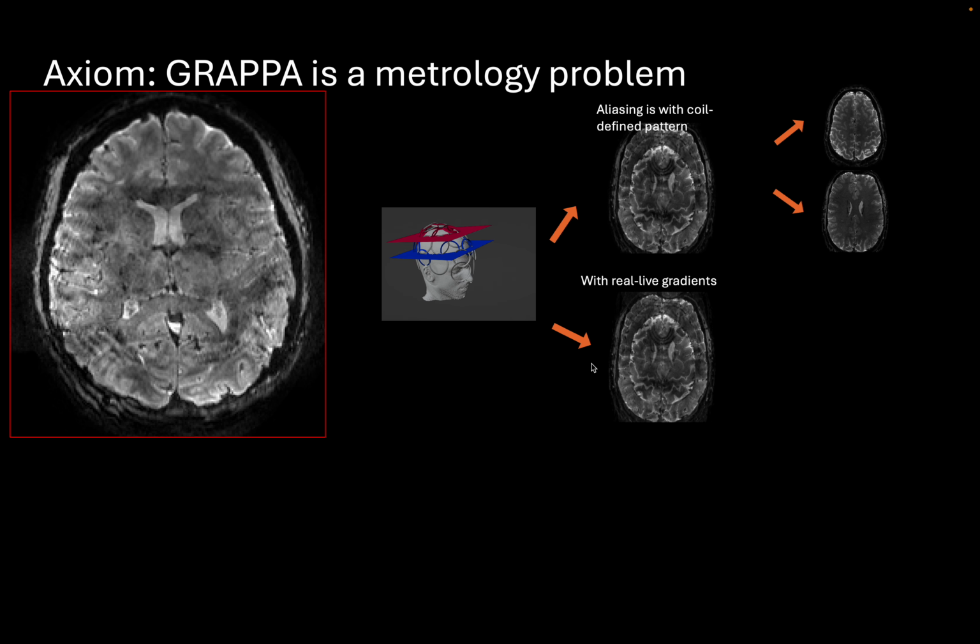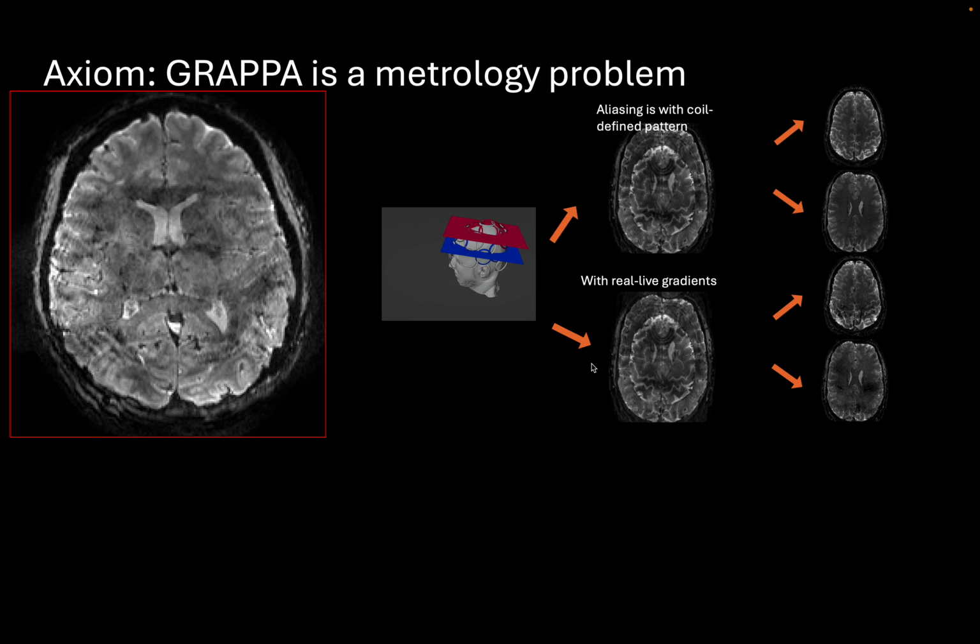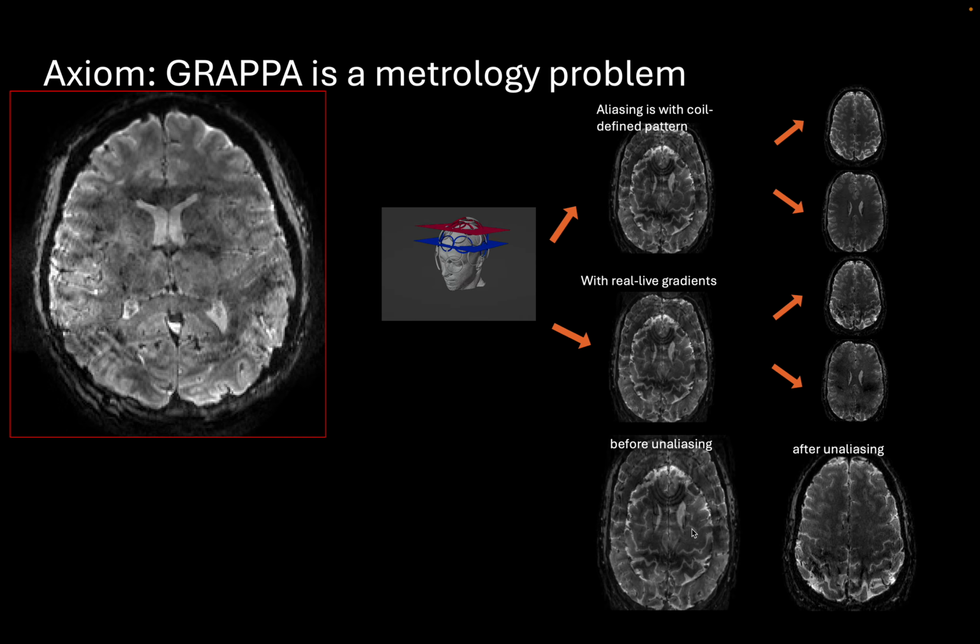Because now you have erroneous aliasing on top of your known aliasing, and then when you unalias them, GRAPPA is very confused and cannot do a good job. So a small error in the base image results in huge error after you do heavy GRAPPA, right? So all we need to do in order to unlock this new temporal resolution domain is not to have better g-factors.